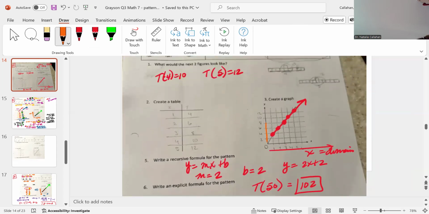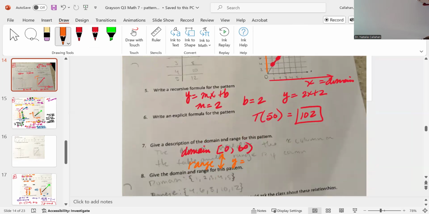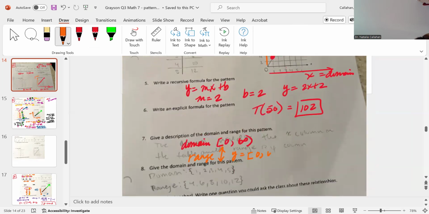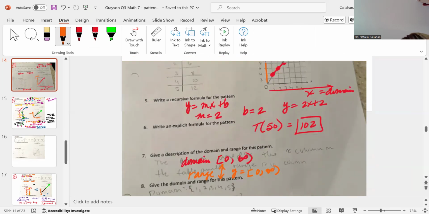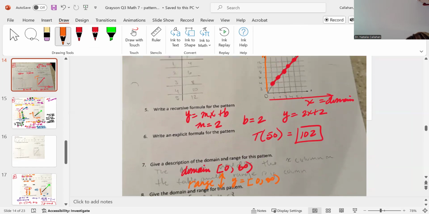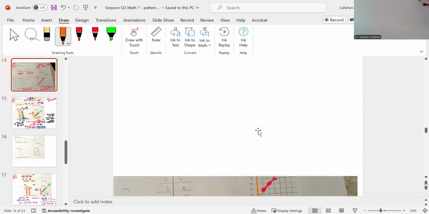So it's from here to here. That's your range, right? That's going to be from 0 to positive infinity. And the reason I include a 0 is because you could have numbers between 0 and 1. You could do like x is 1/2, right? Or x is 1/4. So yeah, that's all. All right, I think that's it. That concludes it.